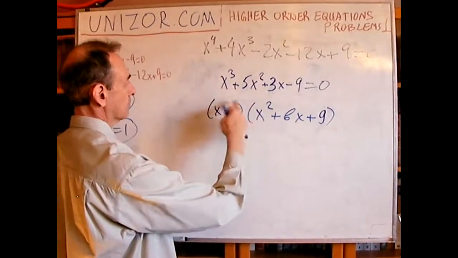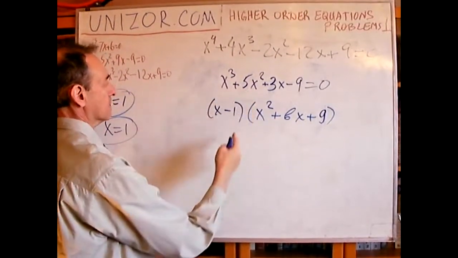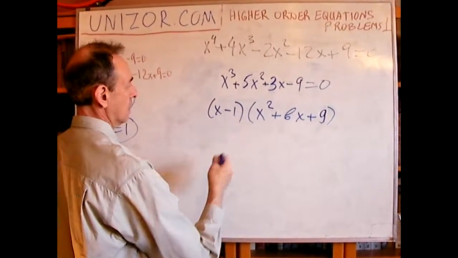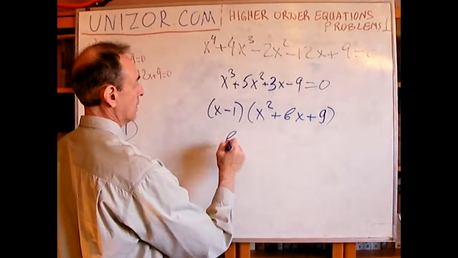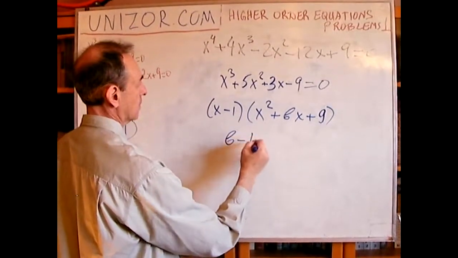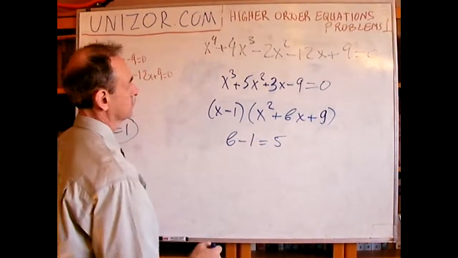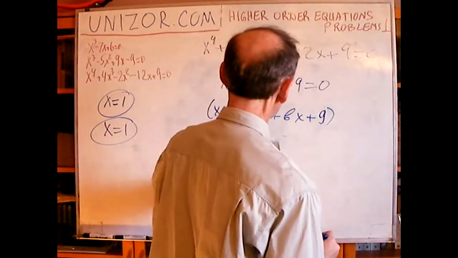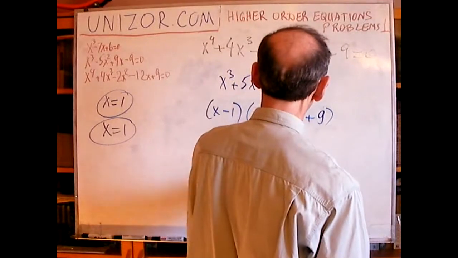We have these two. Well, let's start from 5x squared. X squared can be either x times bx, so we will have bx squared, or minus 1. And that should be equal to 5. So b is equal to 6. b is equal to 6.